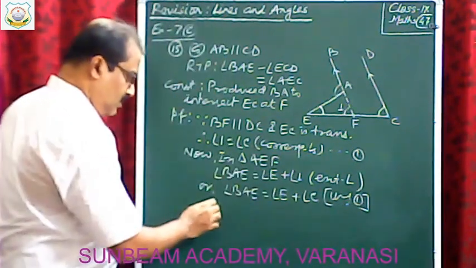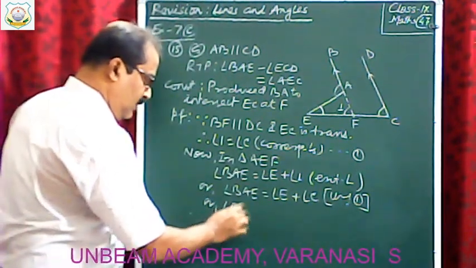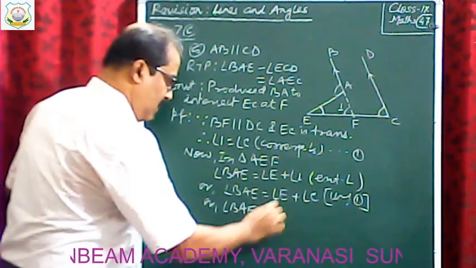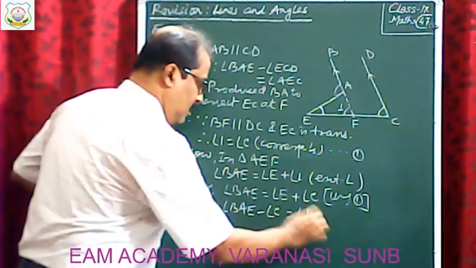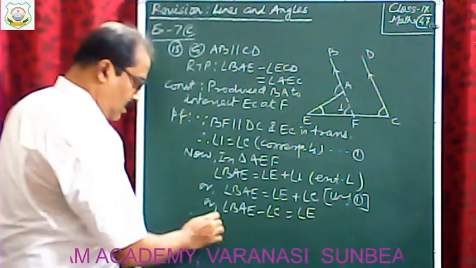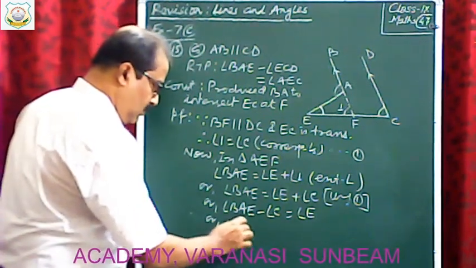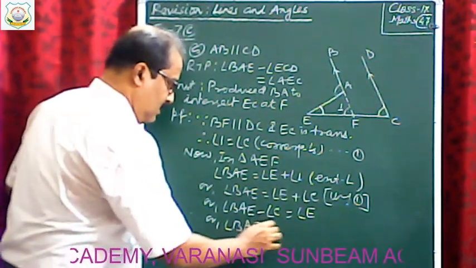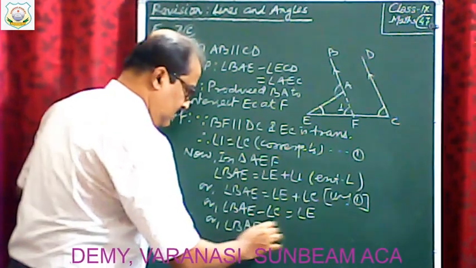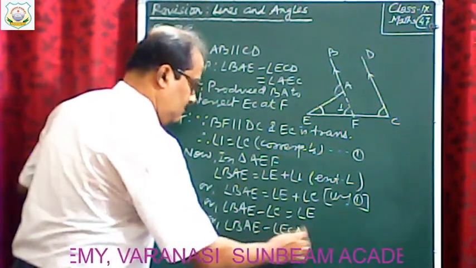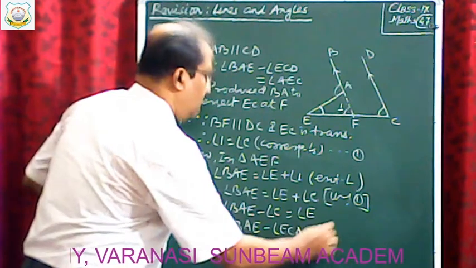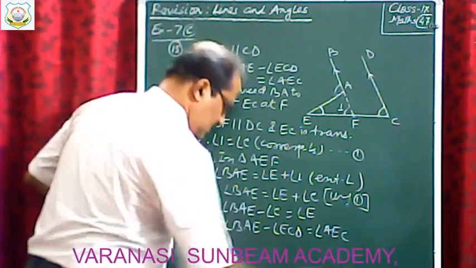Now transposing angle C, BAE minus angle C equals angle E. Finally you have to write the full name of the angles. Angle C means angle ECD equals angle AEC.